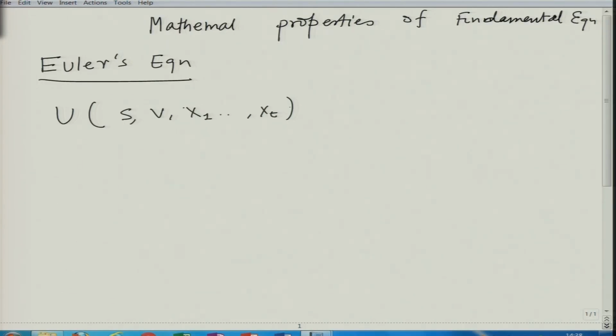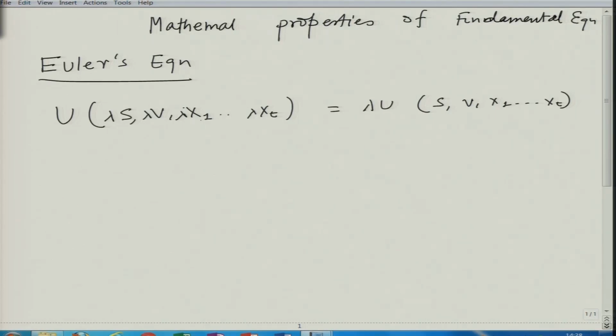Now, the Euler equation or theorem says that if you consider a different size of the system such that the entropy is multiplied by lambda and the volume is also multiplied by lambda, so that is an enhancement in the system size, and similarly for other properties, then this must be equal to lambda U of S, V, X1 and so on. So, this comes directly from the extensive properties of these thermodynamic potentials, which are extensive in nature.